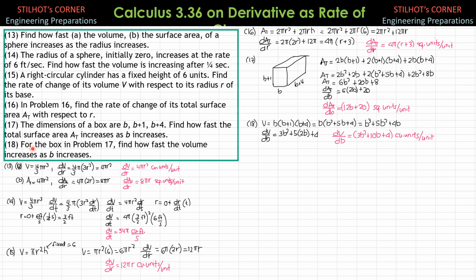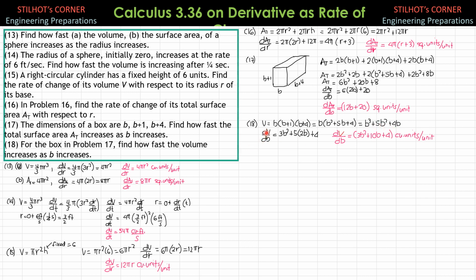Then number 18, for the box in problem 17, find how fast the volume increases as b increases. Volume is the product of the dimensions b, b plus 1, b plus 4. So that would be b times quantity b squared plus 5b plus 4. Simplifying further, b cubed plus 5b squared plus 4b.